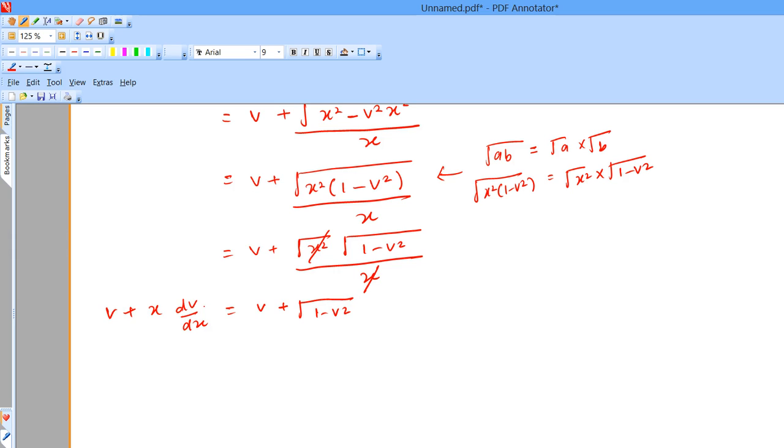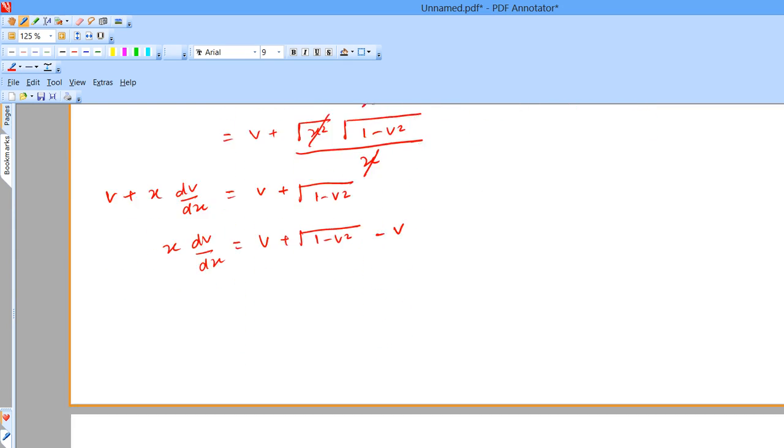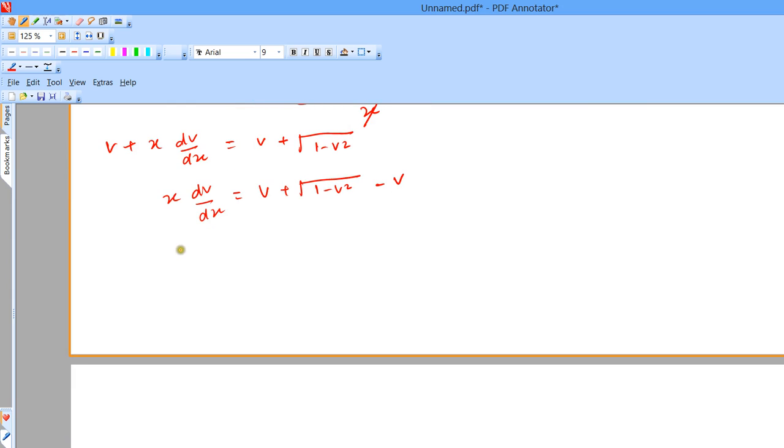Then rearrange, because we want to separate the variables. We get x dv over dx equal to v plus the square root of 1 minus v squared minus v. So x dv over dx equal to the square root of 1 minus v squared.